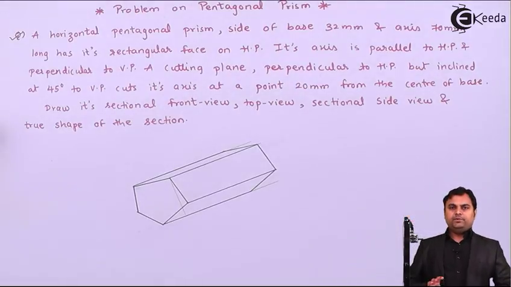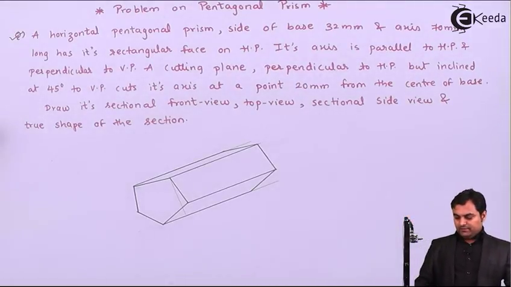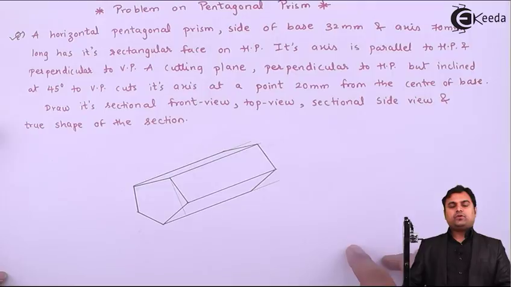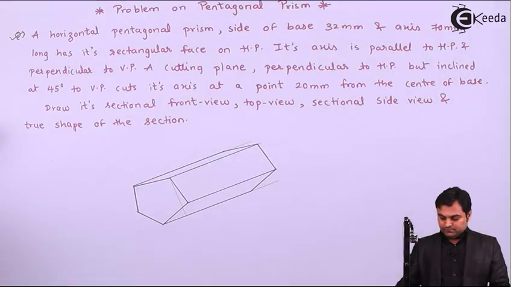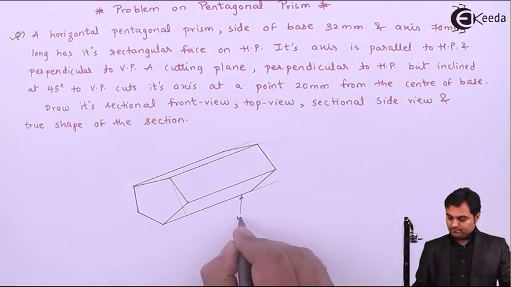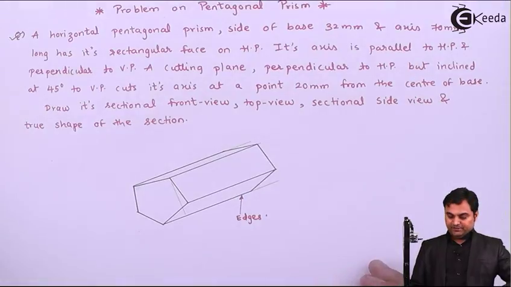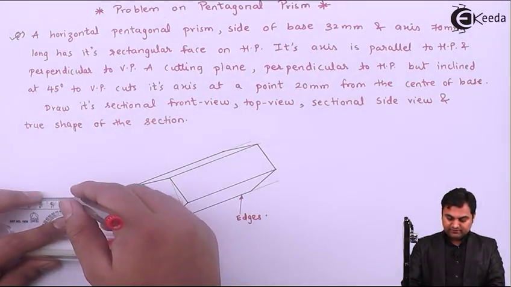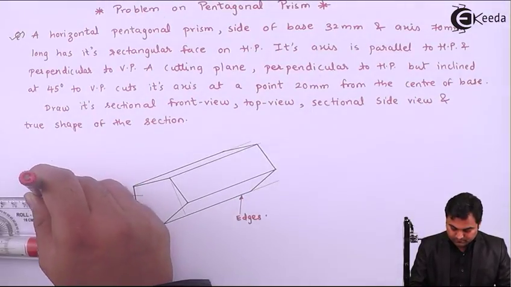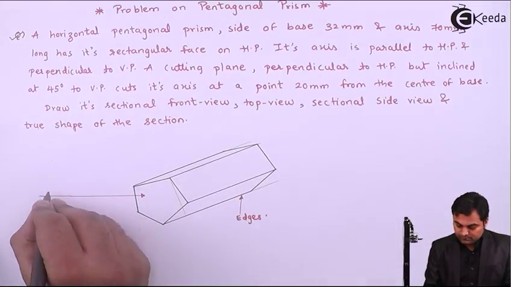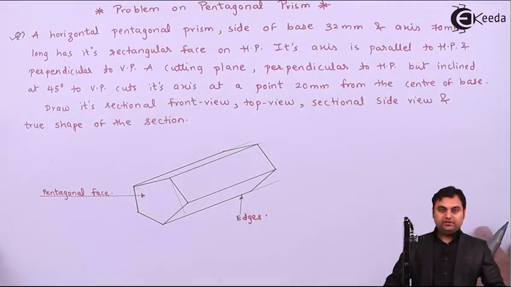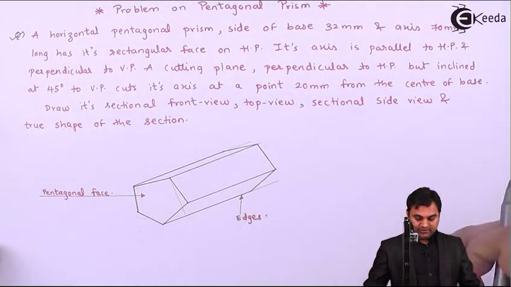So here is the diagram of a pentagonal prism and it is having two pentagonal faces. These are the edges which are connecting the two pentagons. Edges of the pentagon. This is the pentagonal face. Here we have a pentagonal face, another pentagonal face is on the other side.